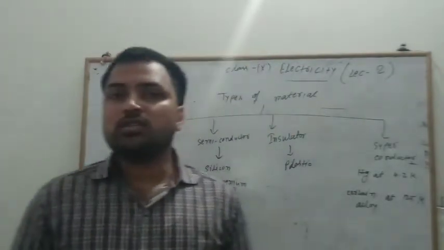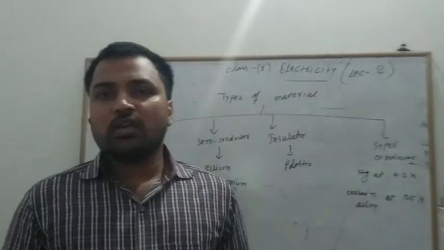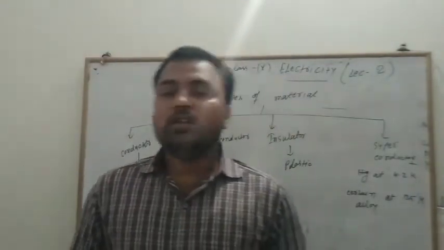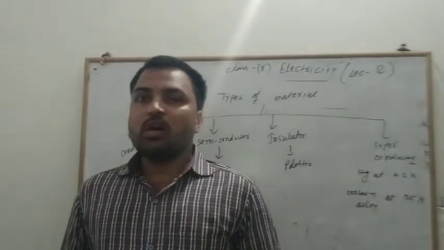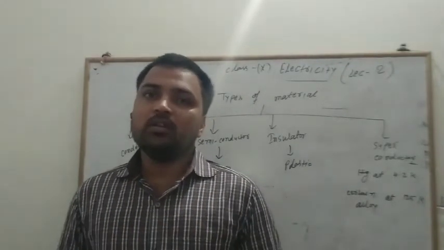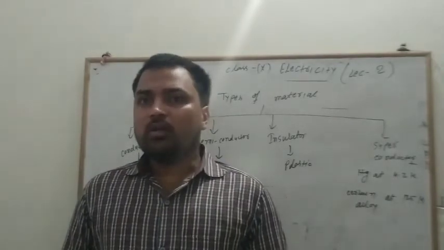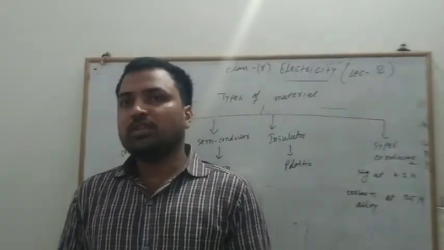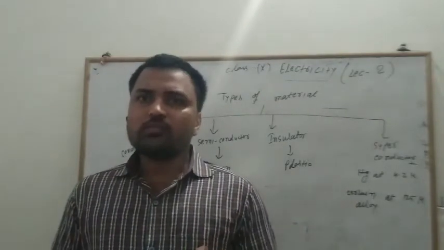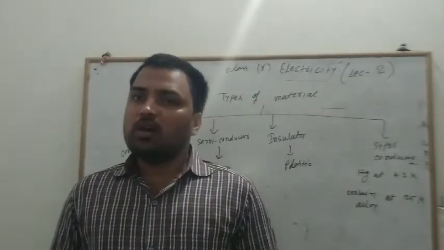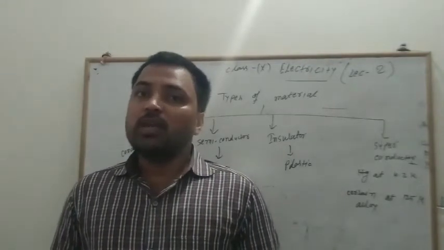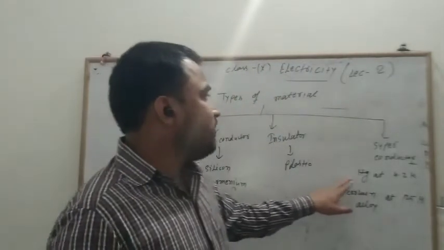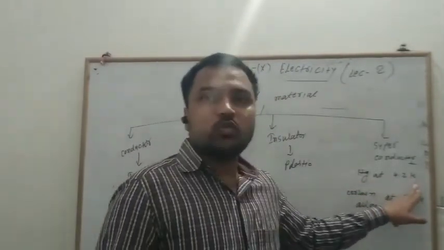What are superconductors? Superconductors are those types of material which have billions of free electrons, and they allow movement of charge without losing any energy. Nowadays, superconductivity is not possible at room temperature, but some alloys or mercury act as a superconductor at very low temperature. For example, Hg, mercury, at 4.2 Kelvin.